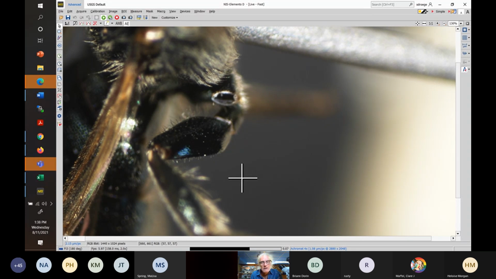And then another super key character, and this is really because Ceratina dupla, which looks very close, has a different character here. This apex of the widest point has no tuft of hair. There are some little scattered hairs present, but there is no tuft of hairs. And you'll see when we show dupla, there's a little tiny tuft of hairs there.